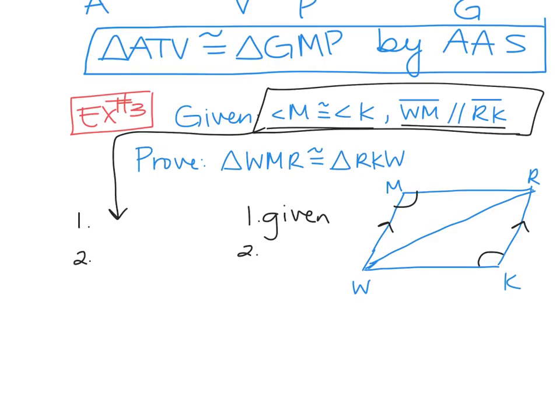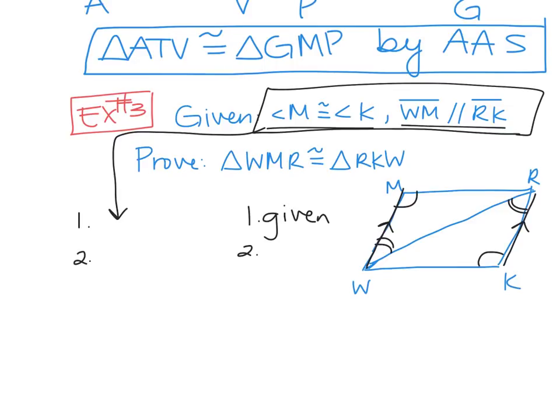Okay, so there's one pair of parallel lines, right? It looks like there's two, but they only gave us one pair of parallel lines. So you can't say that these angles here are alternate interiors because we don't know that MR is parallel to WK, all right? But we do know that these lines are parallel, which means these are alternate interiors, right?